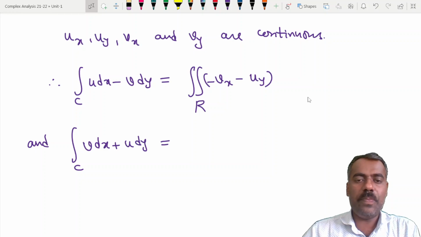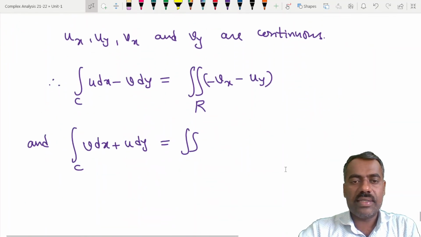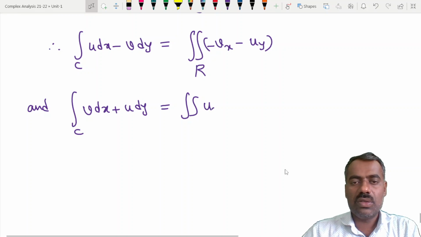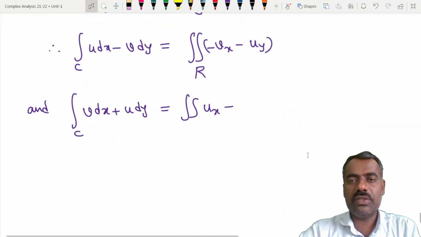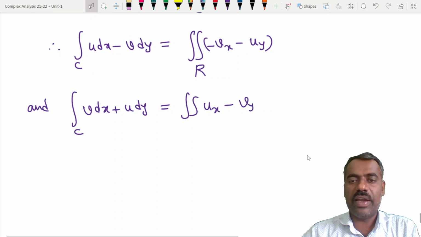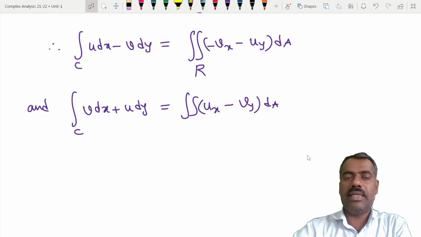So this is your P and this is your Q. This is nothing but Qx, which is ux, minus Py, and we differentiate v with respect to y, so this becomes vy.